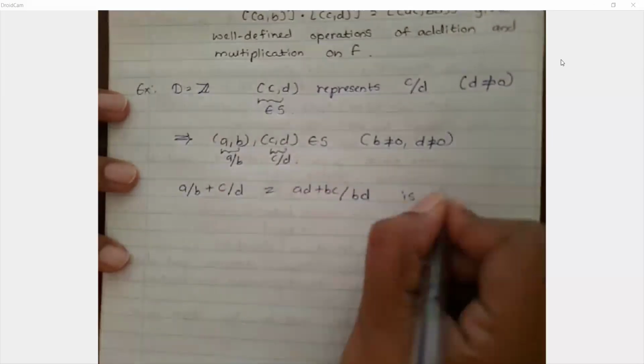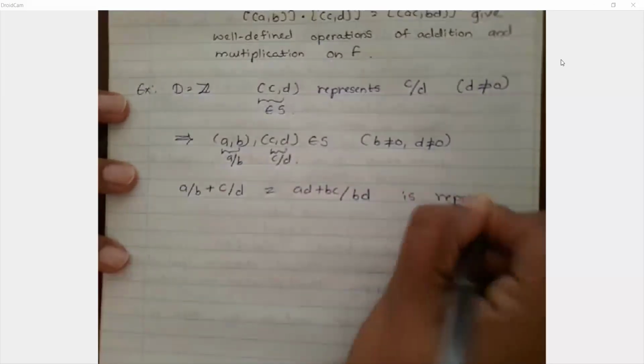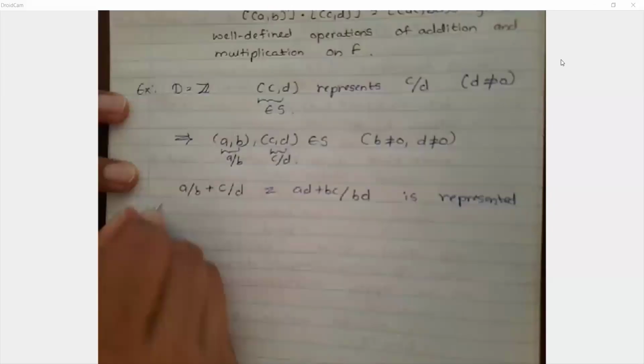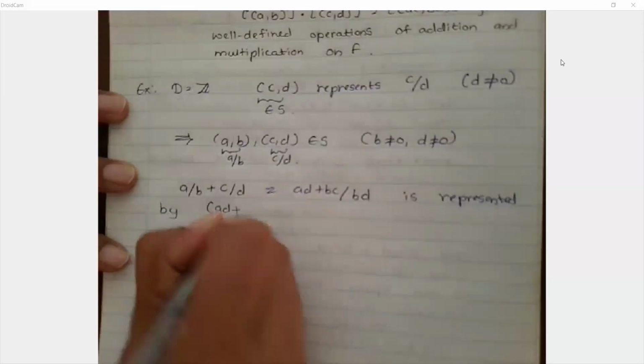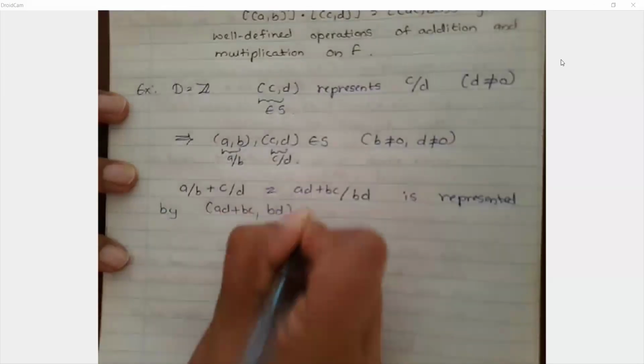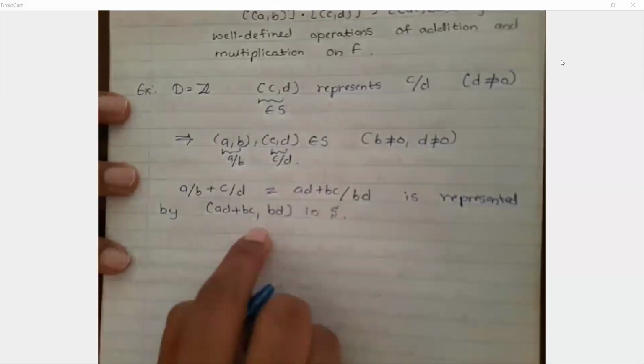And this is represented by the pair (AD + BC, BD) in S. Now go back to the definition.